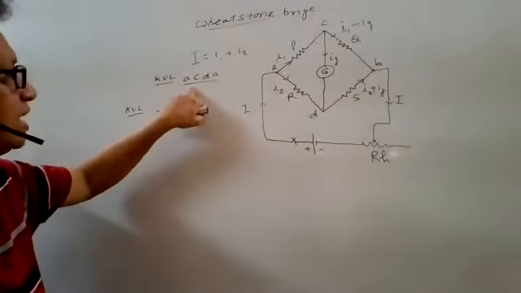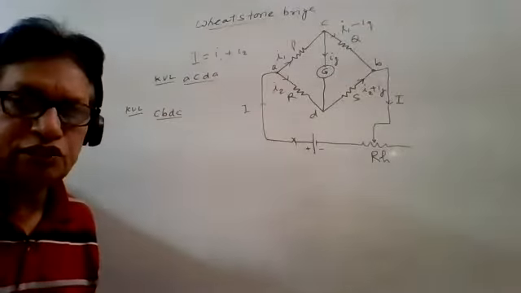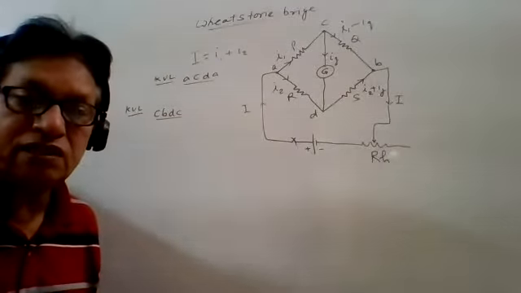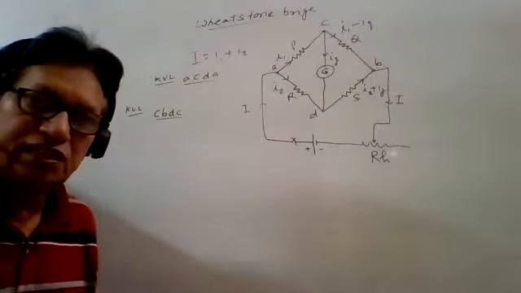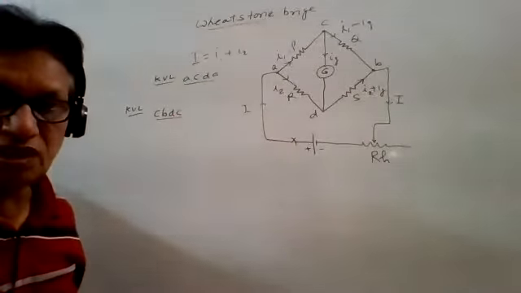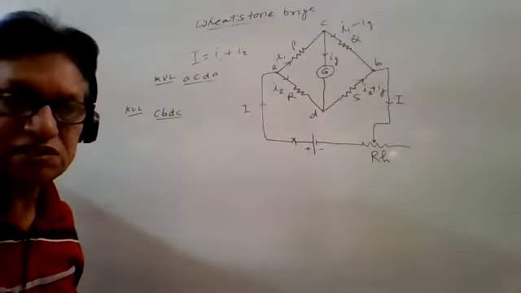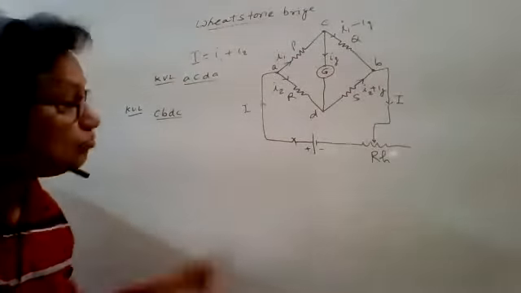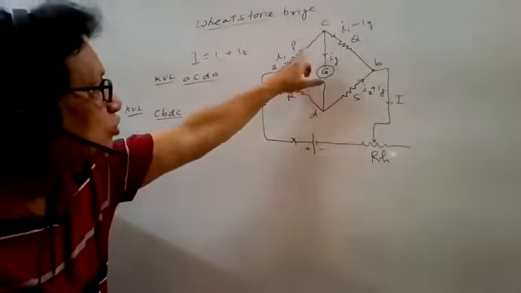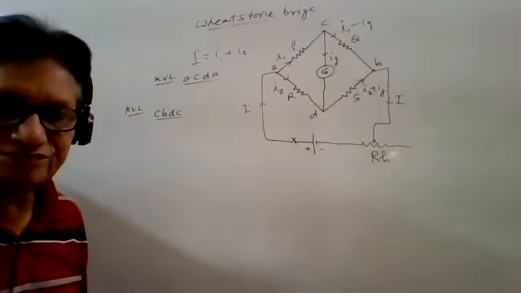For ACDA, if we are moving in the direction of current, it is a drop. If we are moving in the opposite direction of current, it is a voltage rise. Got it? So here A to C. If you understood Kirchhoff's voltage law discussed in the last class, you can apply it from A to C. Whether it is a drop or rise, anybody?